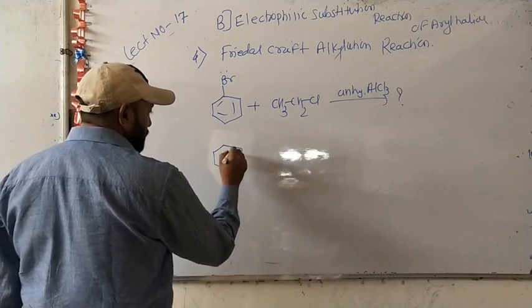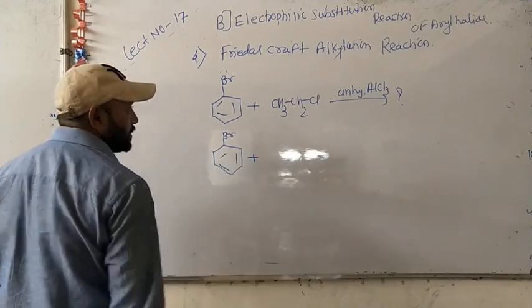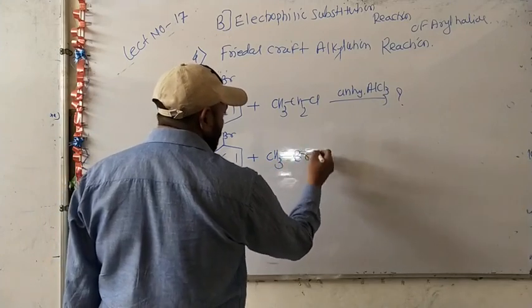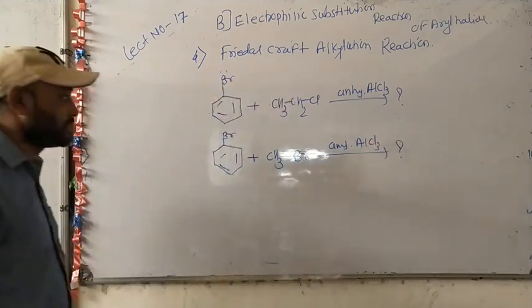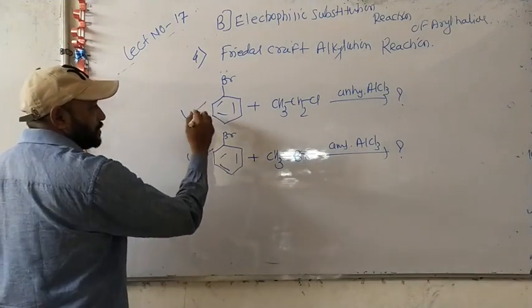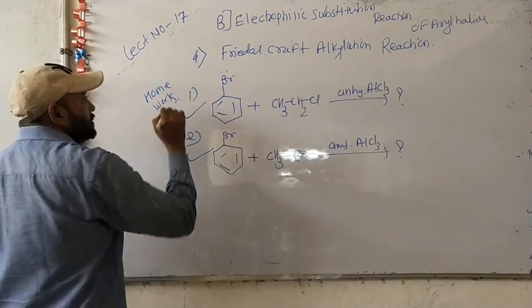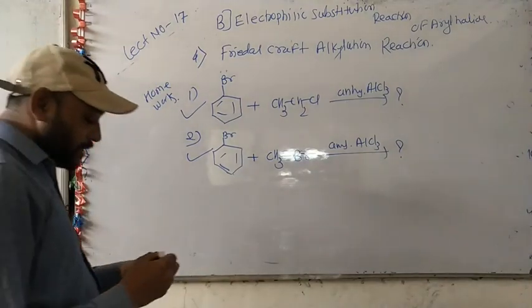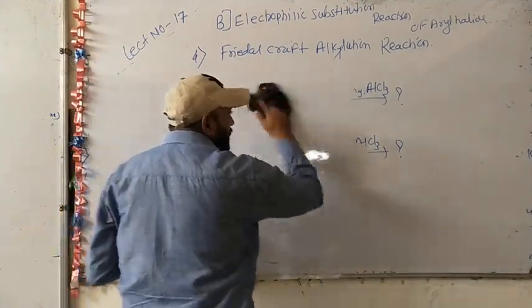Suppose you are provided bromobenzene, and here provided CH3Br and anhydrous AlCl3. Predict the product. So predict these two products. This is the first reaction and this is the second. This is for homework. The name is Friedel-Crafts alkylation reaction. Finish the Friedel-Crafts alkylation reaction.